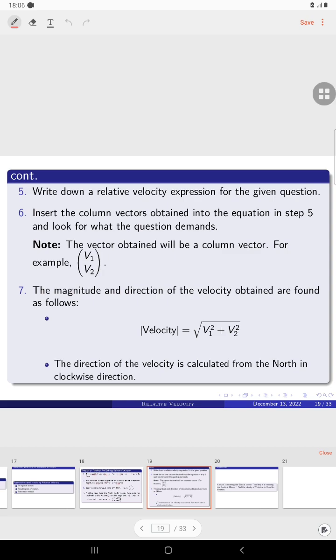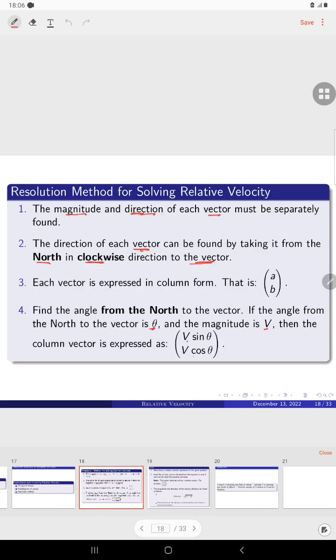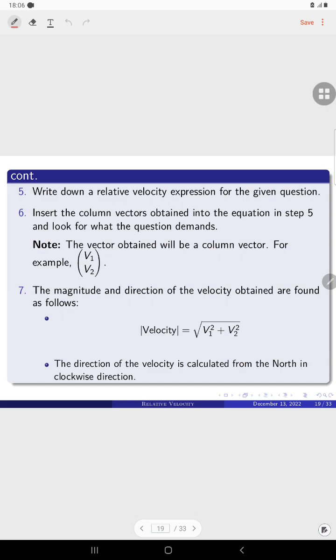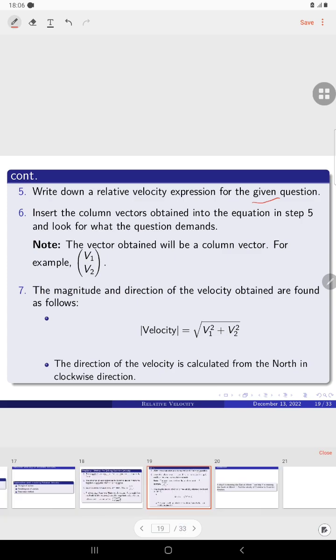Look at it from the question, then you write it down. Then you insert the column vectors you have obtained in step 3 into the relative velocity equation. Just insert them there. After inserting and simplifying, you will still get a column vector as your answer.